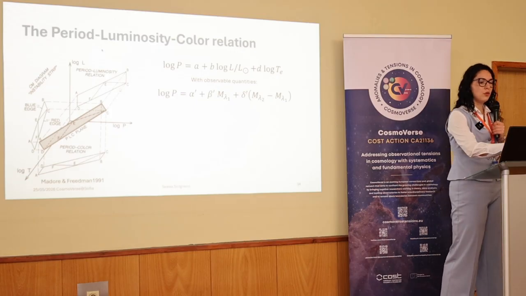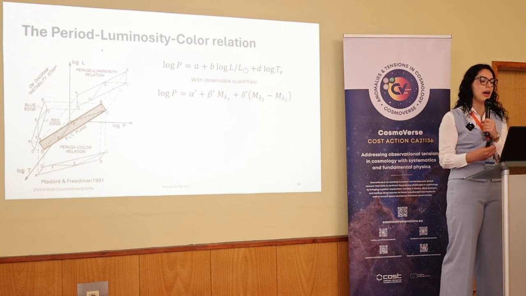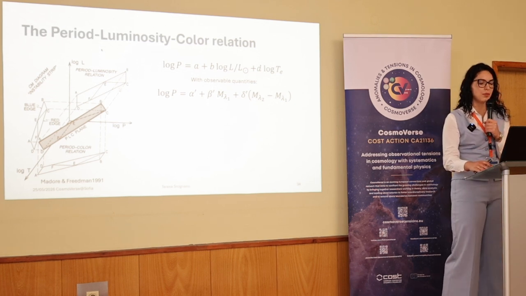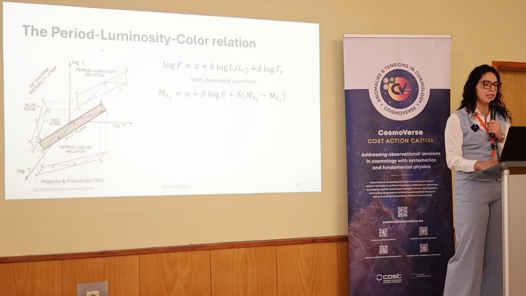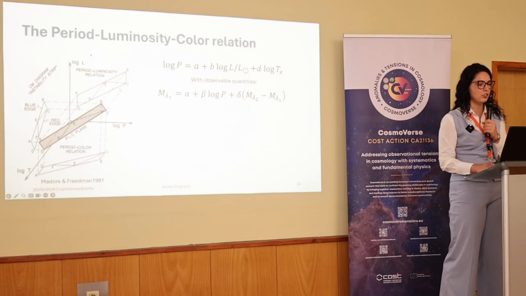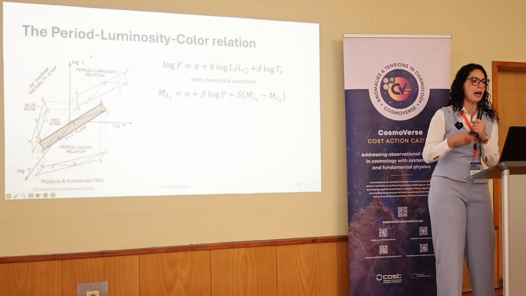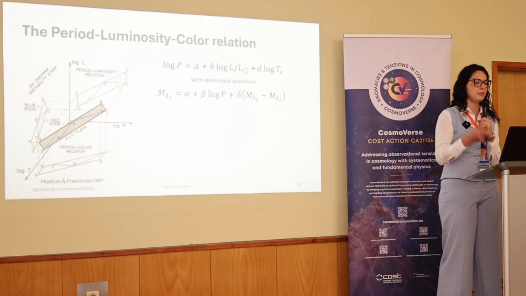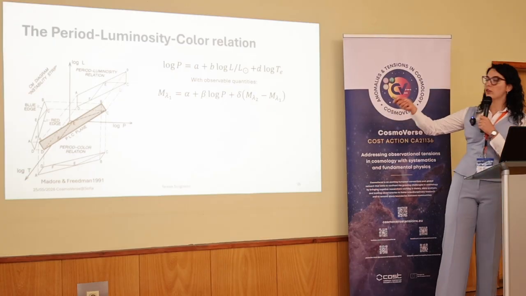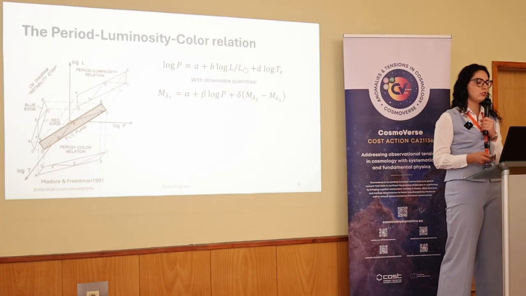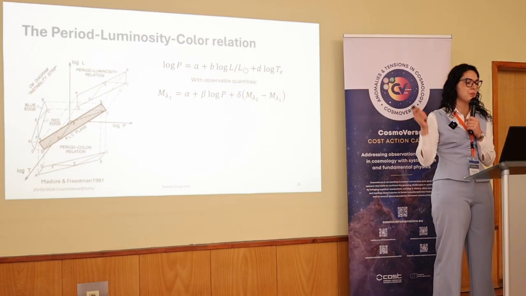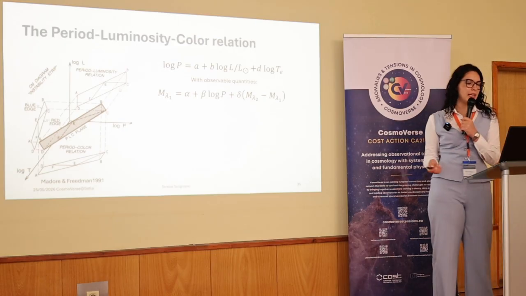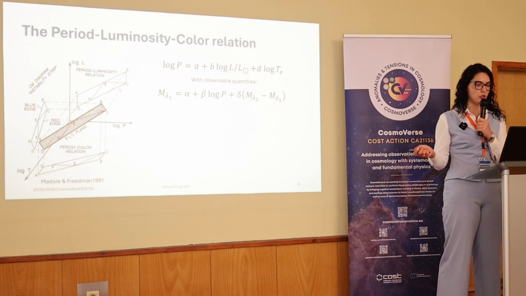So if we want to talk about observable quantities, we have to change our definition, and indeed, what we use in the extragalactic distance scale is this version of the relation, where the absolute magnitude of the Cepheids is given by a coefficient for the period plus a delta for the color. And here you can also see that the gamma term is missing, and you will see later where the gamma term will enter in this relation.